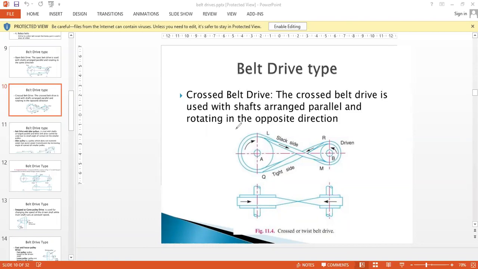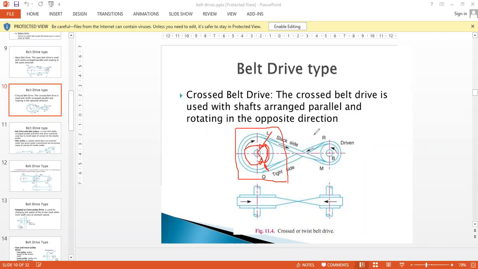Now, if we just take only one particular pulley over here, in a cross belt drive, the belt comes in contact with the pulley at this particular region and the belt leaves the contact with the pulley over here. So for such a large angle, the belt is in contact with the pulley surface. Only for this particular region the belt is not in contact with the pulley, right?